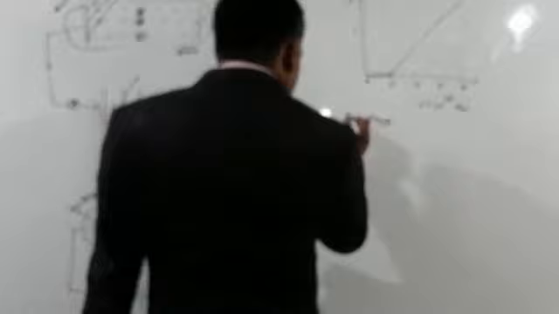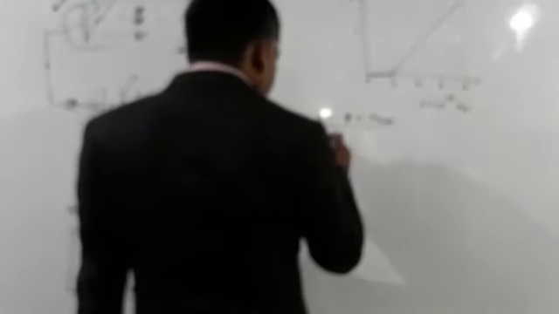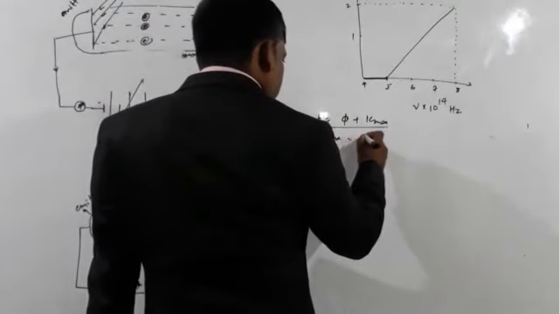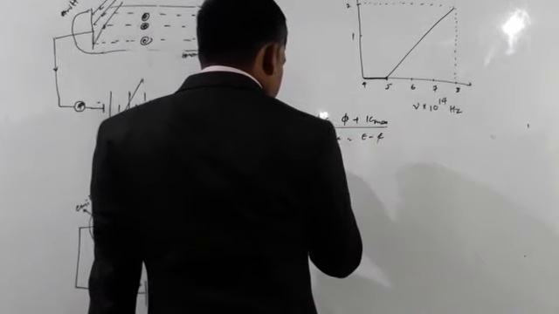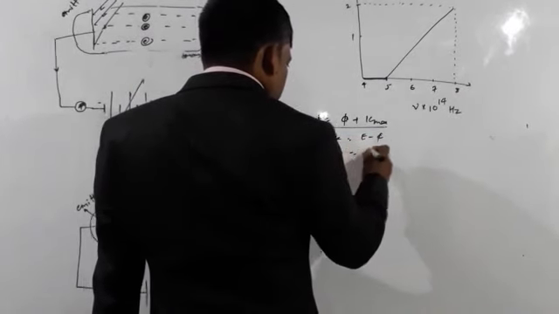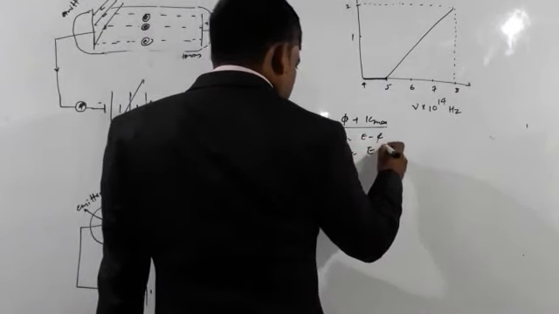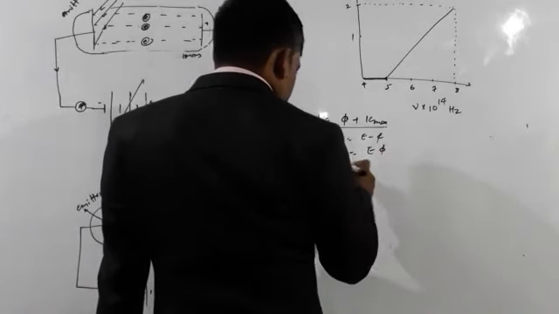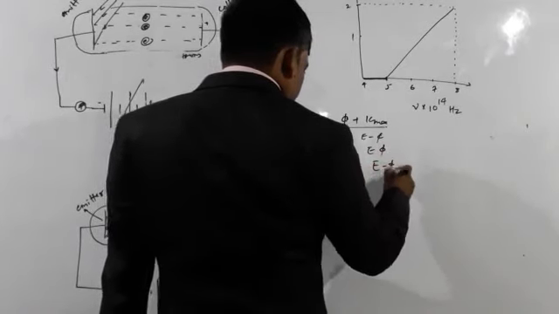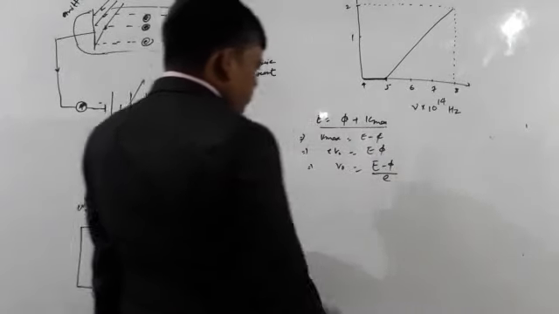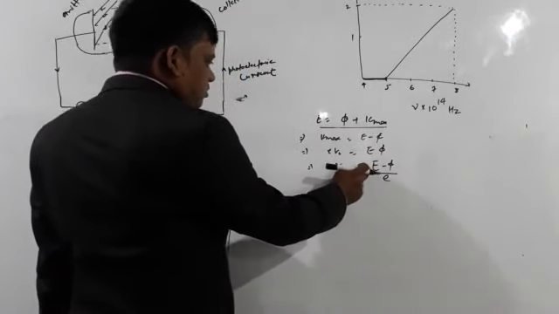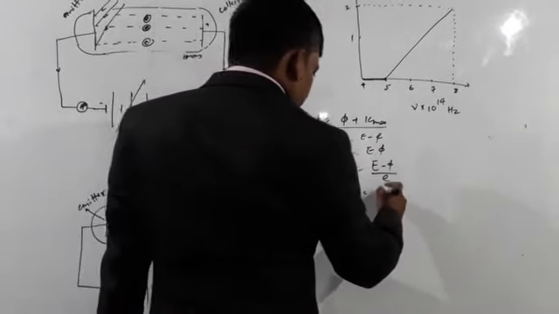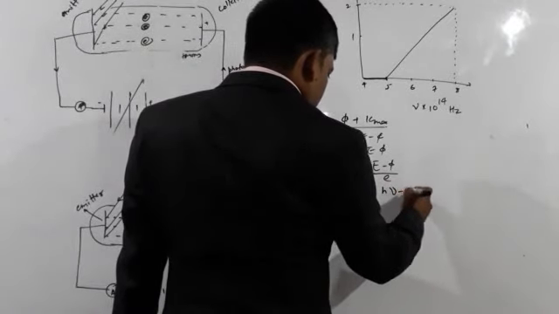From this equation also we can determine that K max is equal to E minus phi, so eV naught is equal to E minus phi, and V naught is equal to (E minus phi) by e. This is equal to (h nu minus phi) by e.